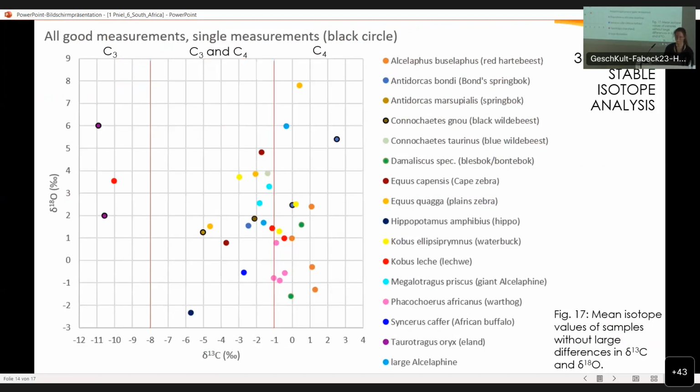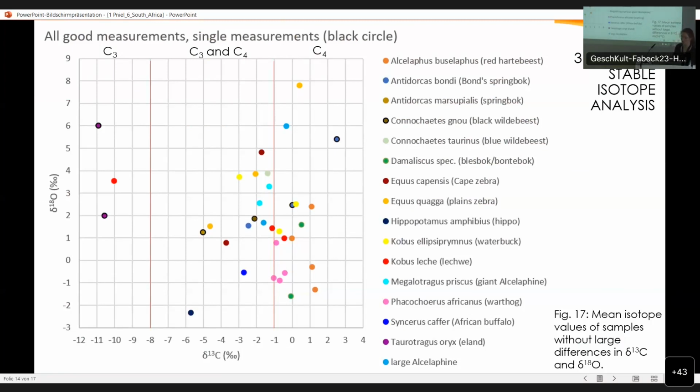Now to our stable isotope analysis. Just to introduce you to this diagram. These are the means of the double measurements for every individual, except for the ones with the black circle around them.